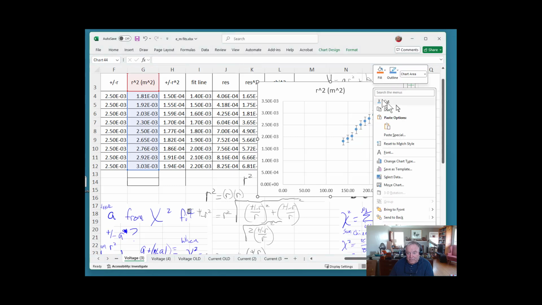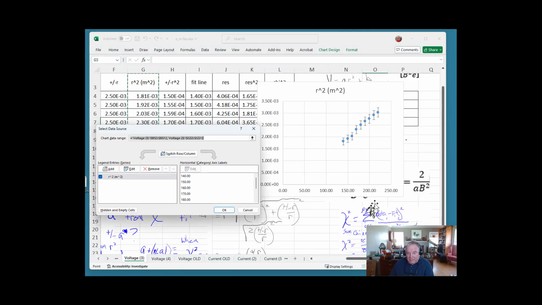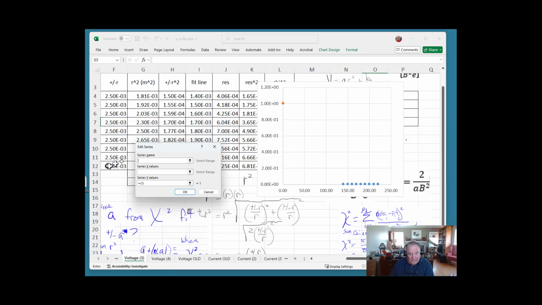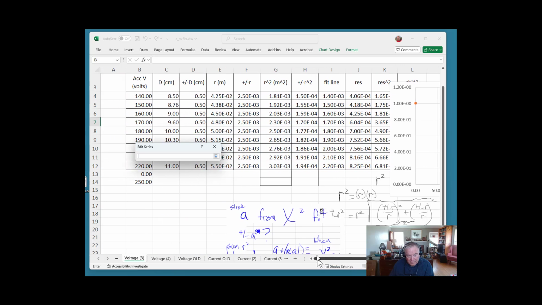fit line first here. Select data, add. So the title is fit line, and the x values are the volts. Now we want the fit line to extend from 0 to past the 220 here, so I picked 250 as a convenient number.